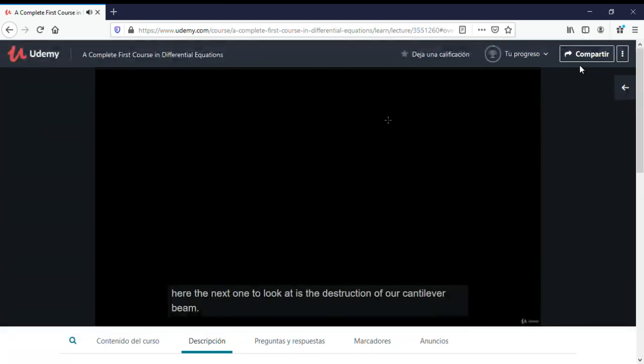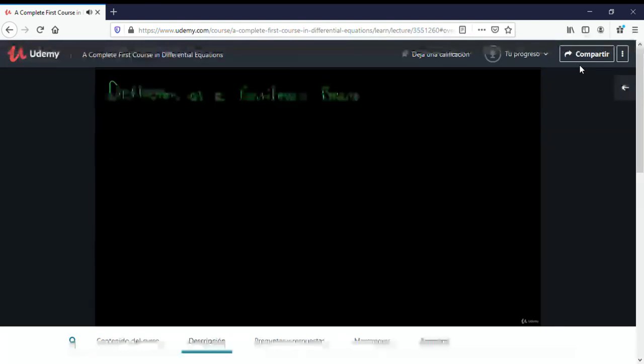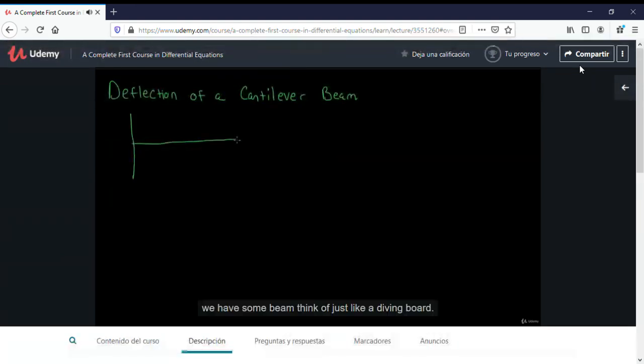Okay, the next one we'll look at is the deflection of a cantilever beam. Okay, so here we have some beam.